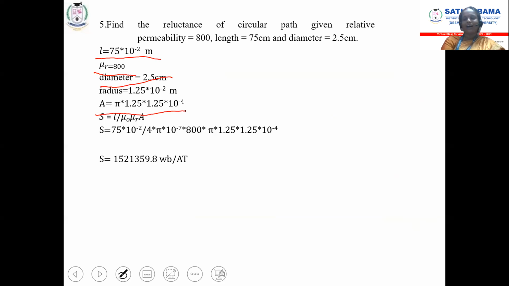Very simple. If you remember all the formulas, then getting the answer is not tough. Substitute all the values and check whether you are getting the reluctance. I think I put the unit wrongly: ampere turns per Weber.